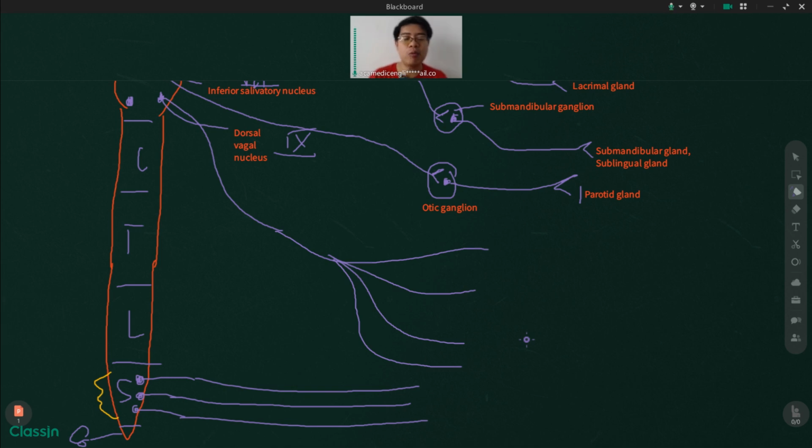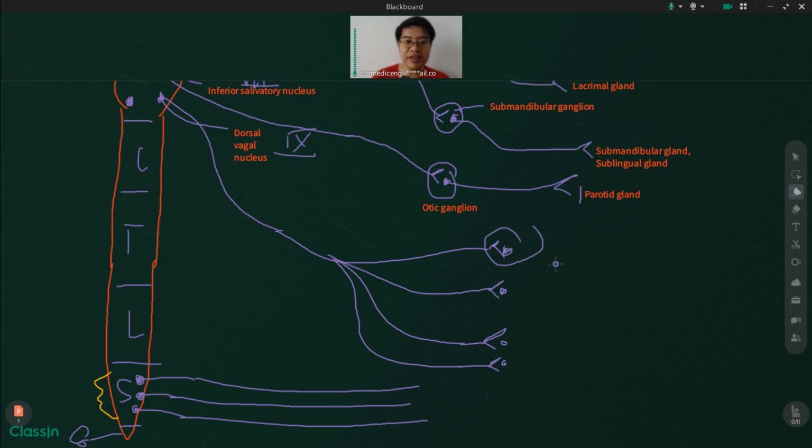Some of them will go all over the places within the thoracic and abdominal cavity and supply parasympathetic innervation to those structures. Okay, and so what you have to know is that these ganglia that postganglionic parasympathetic fibers arise from will collectively be known as intramural ganglia.